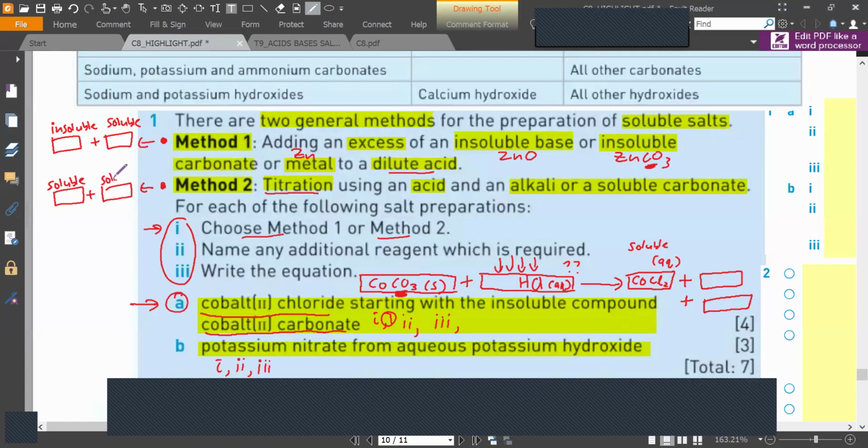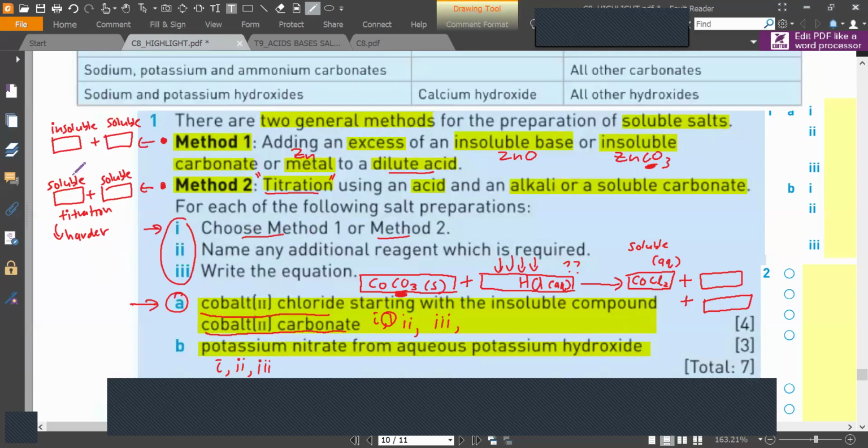Titration is harder to do. It takes a long time, and then you need to repeat. So if we can avoid it, we will avoid it.